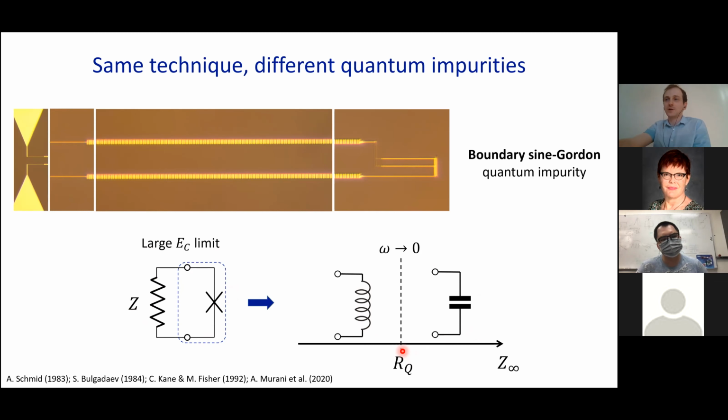If the impedance is smaller than RQ, then it's a superconductor, and the junction looks more like an inductor. By looking at the reflection coefficient, we can separate these two and try to go through this critical point and see a transition.